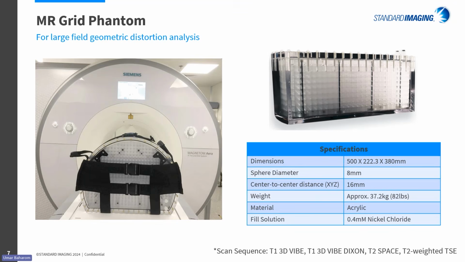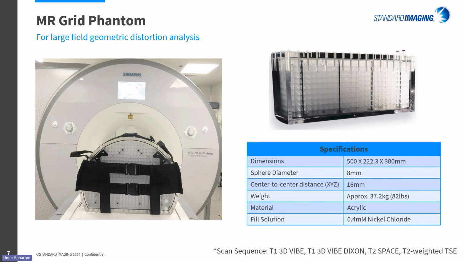The Phantom comes pre-filled, so you don't have to do any filling. If you do need to refill the Phantom in the future, if you lose any liquid, we can provide a refill kit as well. Some of the scan sequences we've done in the past: T1 3D VIBE, T1 3D VIBE Dixon, T2 SPACE, and T2 weighted TSE.